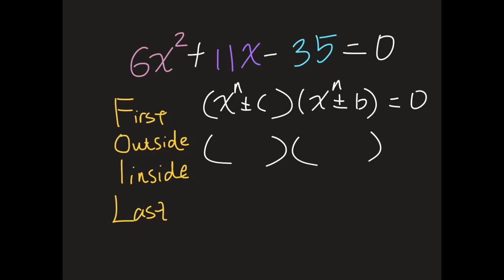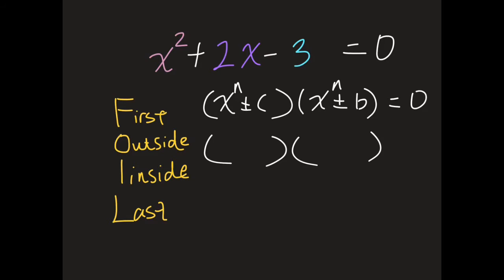So maybe I'm gonna change 6x squared to x squared, and 11x to 2x, and minus 35 to just minus 3. Okay, so now it's easier to solve.